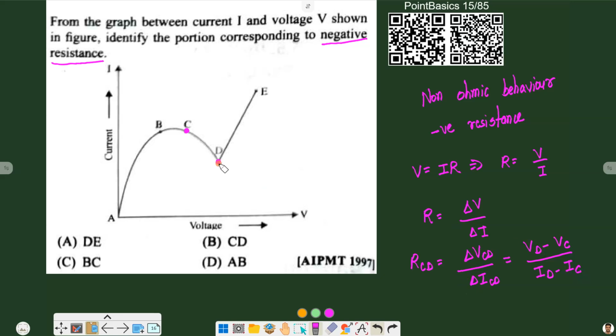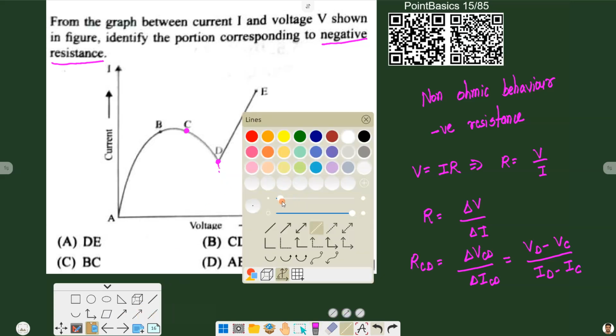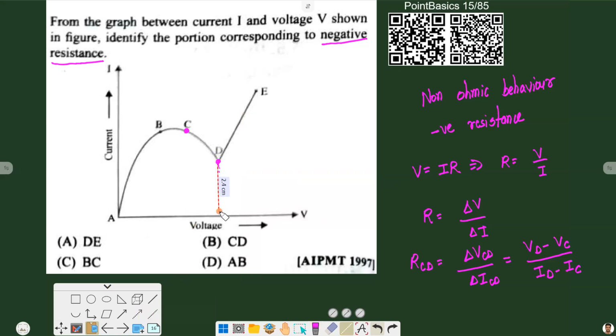Let me draw it with lines. VD will lie here and VC will lie here. Similarly for the current, ID will lie here on the graph. Oh, sorry, IC we have to find out, and IC will lie here. So these will be the points on the graph for the corresponding values.